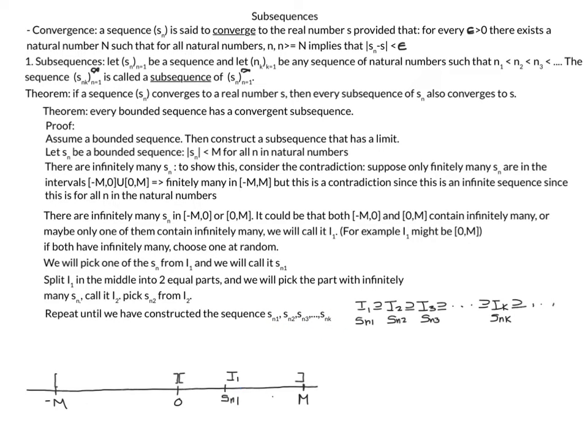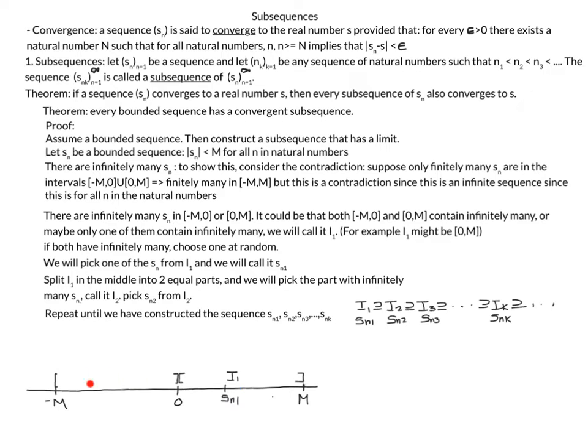Before we continue with this proof, I'm going to draw some pictures just to get a better feel for this subsequence. So we have this infinite sequence S_n. It's bounded by M, so the absolute value is less than M. So here I have on my real number line -M and M. So all of my sequence is in here. I'm going to create a subsequence, and the way I do that is I divide my interval [-M, M] in half. So I have my interval [-M, 0] and [0, M].